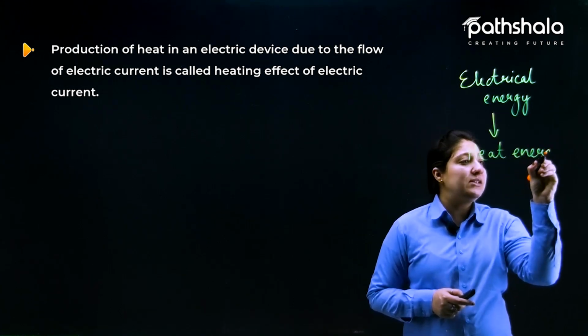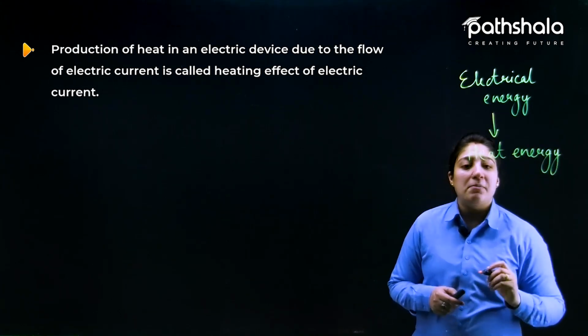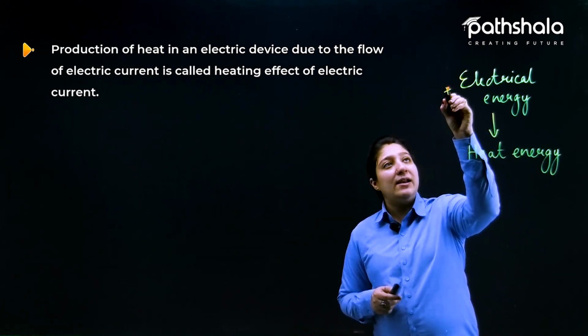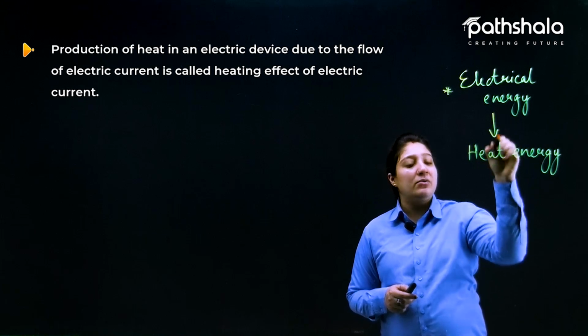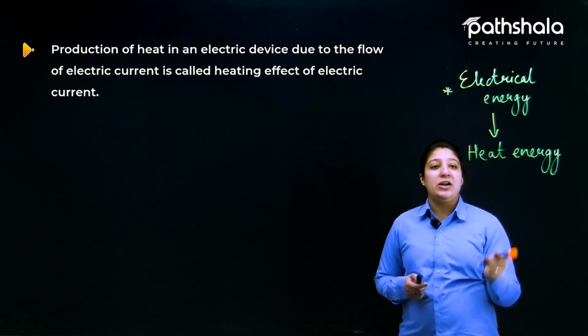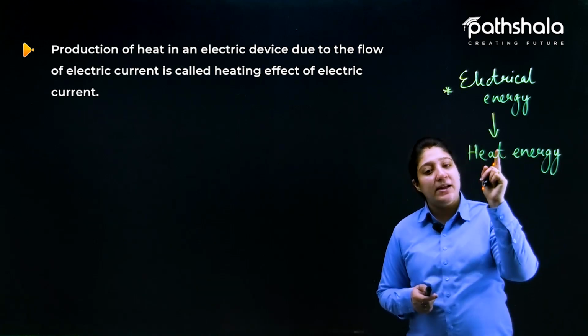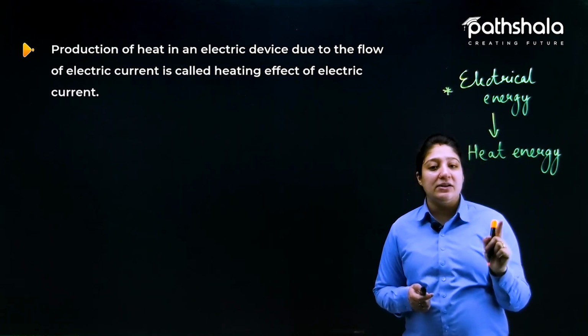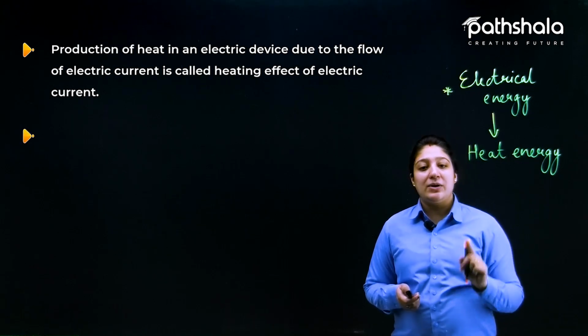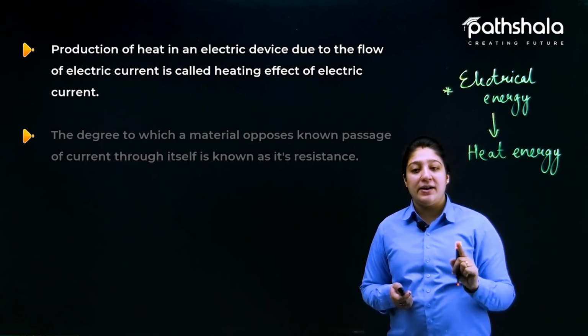Because of this only, the electrical appliances become hot. This kind of effect, when electrical energy is converted into heat energy, is known as the heating effect of electric current.